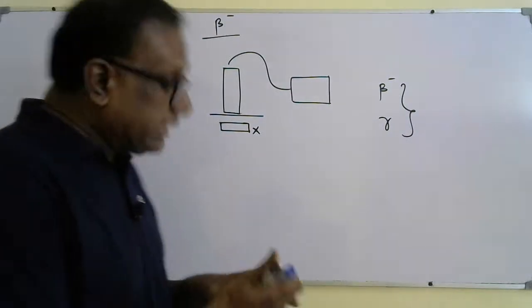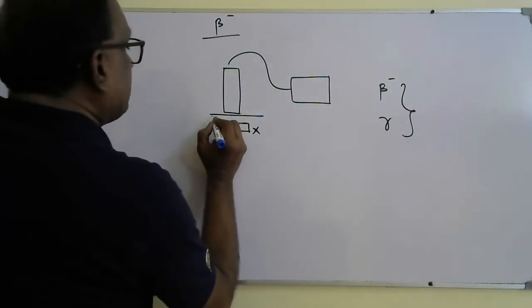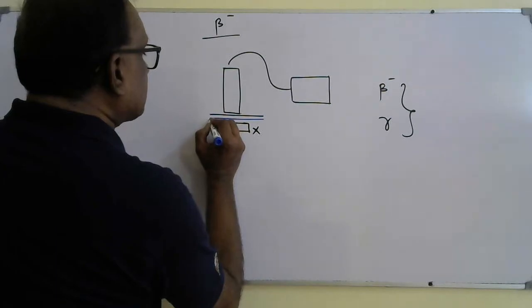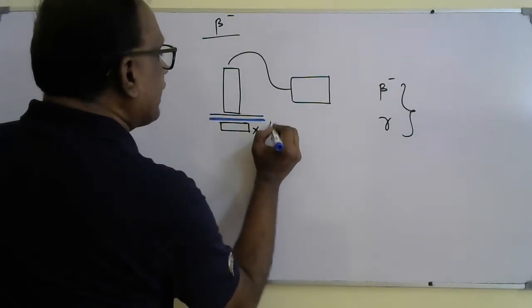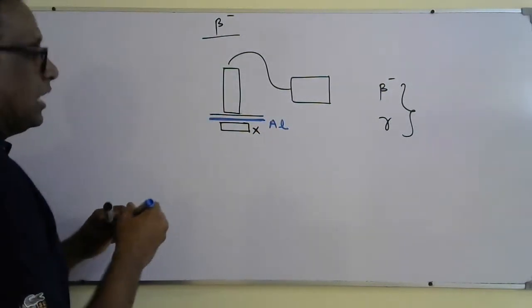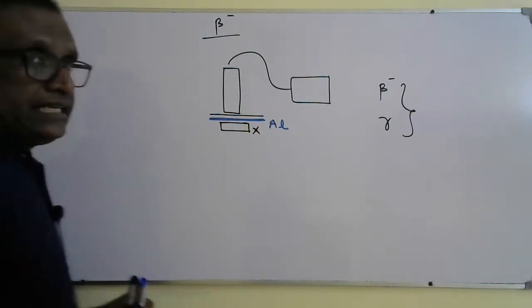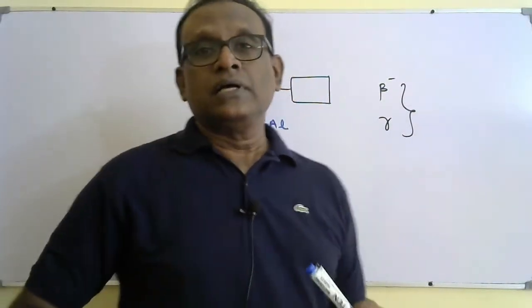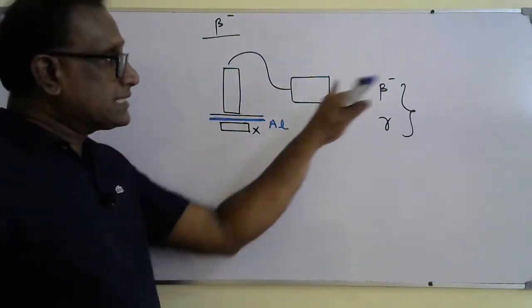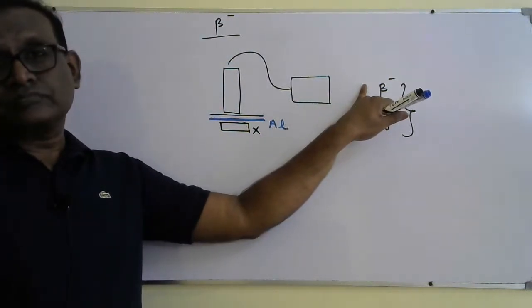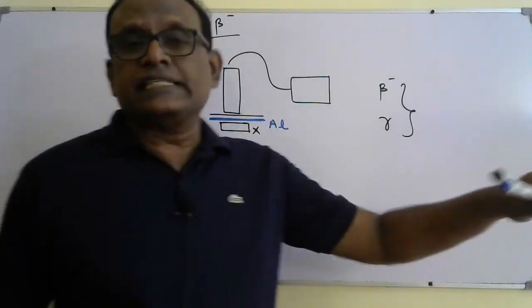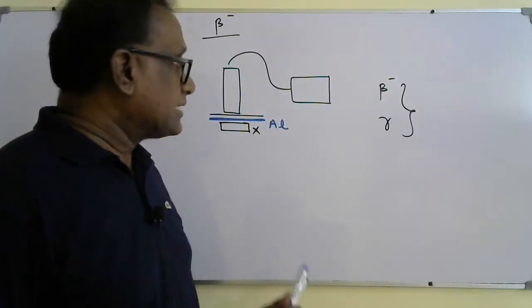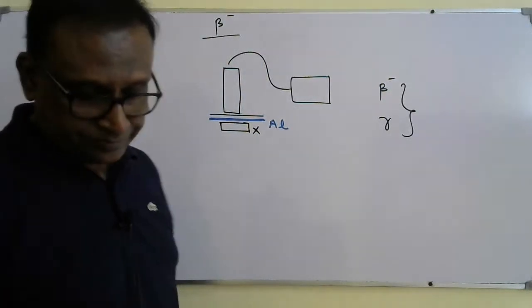Now keep a few millimeter thickness of aluminium sheet. This is the aluminium sheet. When you keep it, if the count rate shows a significant drop, that means there is beta minus. If there is no change in the count rate, that means there is no beta minus.